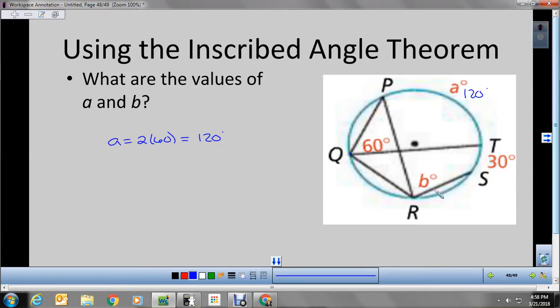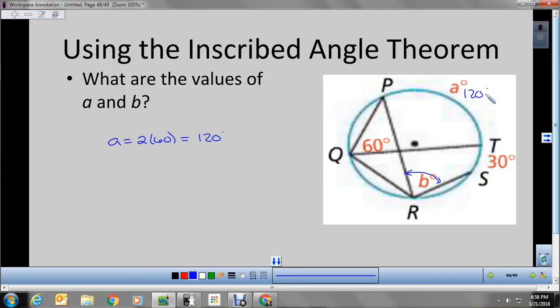So now we're looking at angle B. Now angle B opens up from here all the way to here, which means you follow this out. It opens up to point P. It opens up to point S. So arc PS is the measure of the intercepted arc. Now we know that P to T is 120 and T to S is 30.